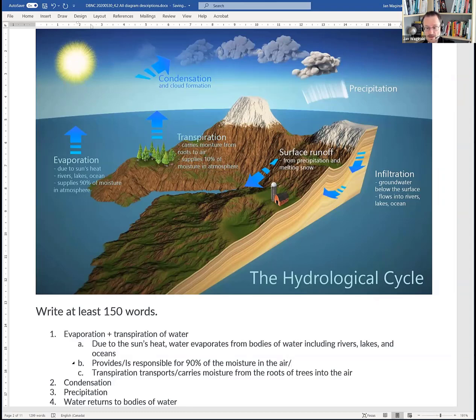Can we rearrange those words to come up with a noun phrase? Is responsible for 90% of. So we've got moisture in the atmosphere, but how would you transform that into a noun phrase? Same words, just a little bit of rearranging.